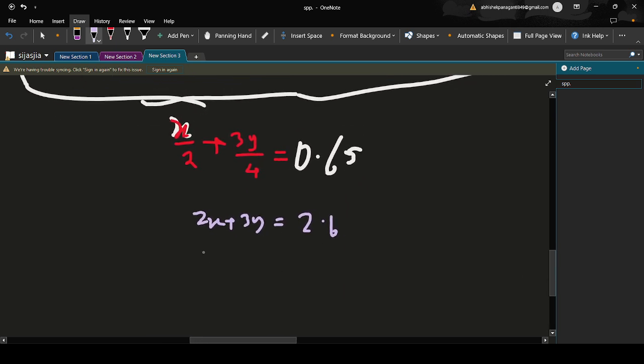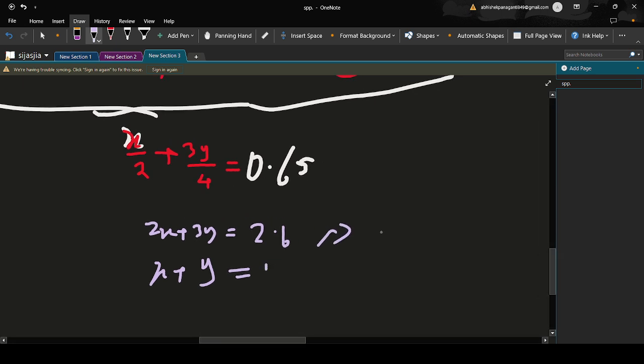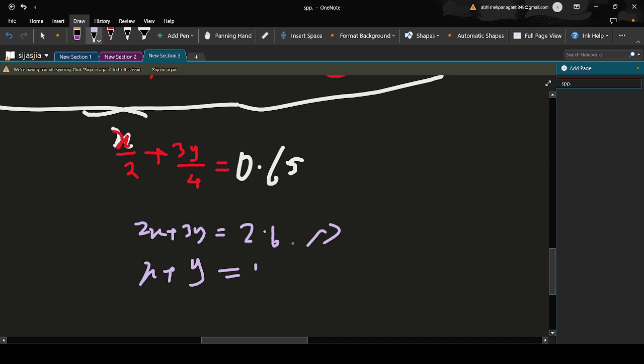So now we got another equation, which is x plus y is 1. If we solve these two equations, we get y is equal to 0.6, and x we get 0.4.